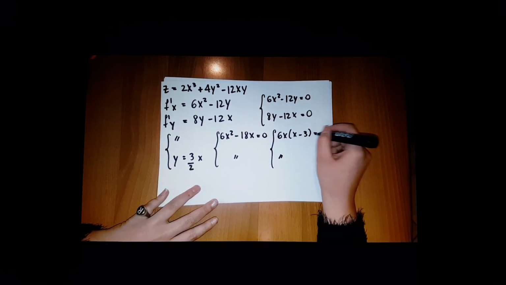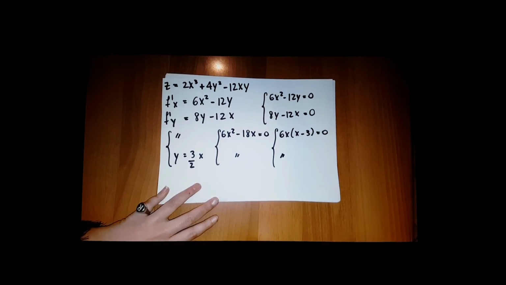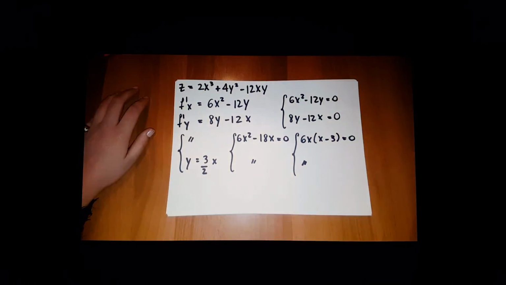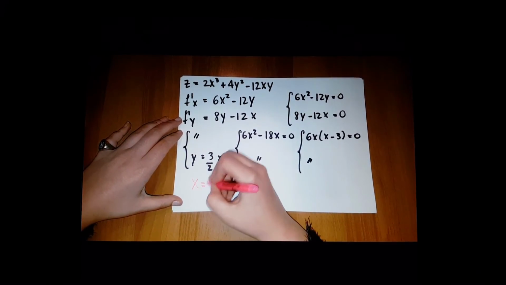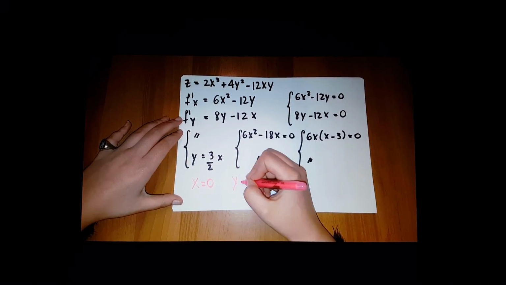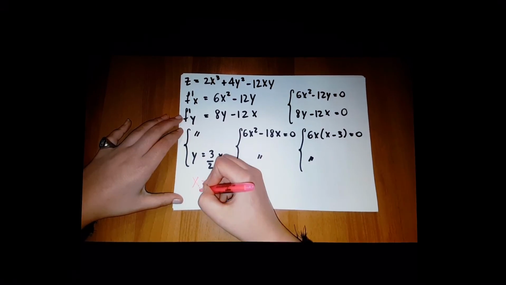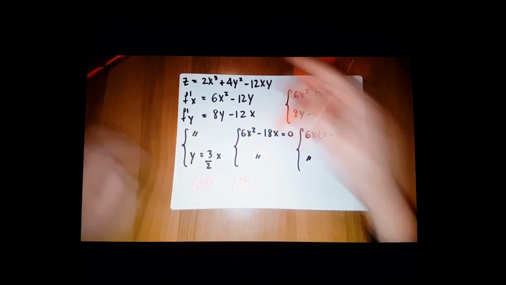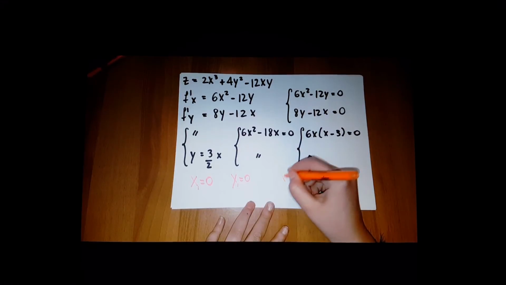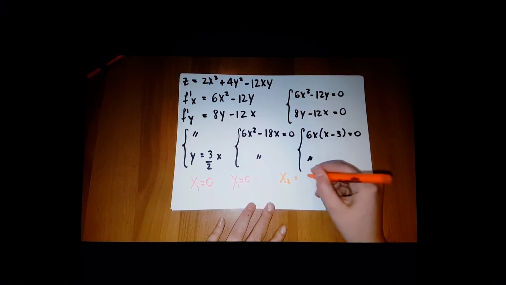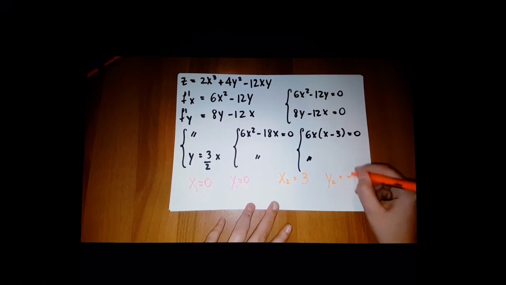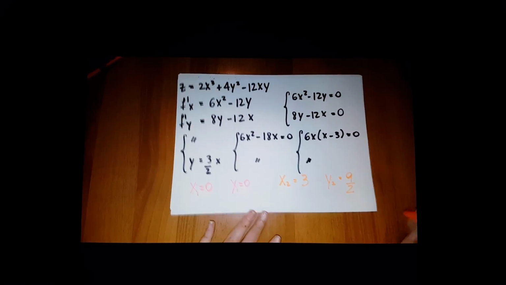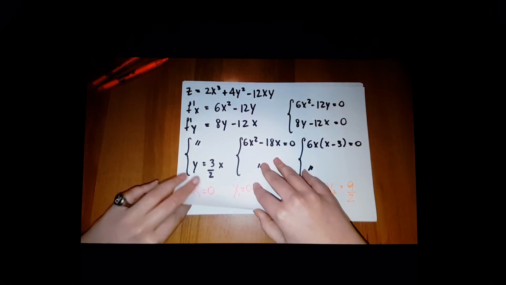We have 2 points, 0, 0, and 3, 9 divided by 2. Now we have to create the Hessian of the first point.